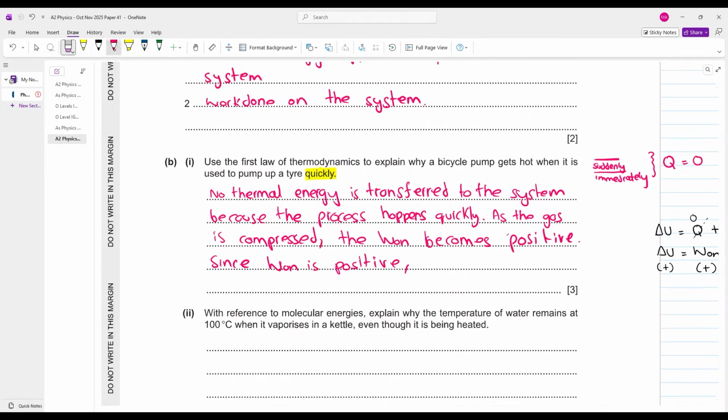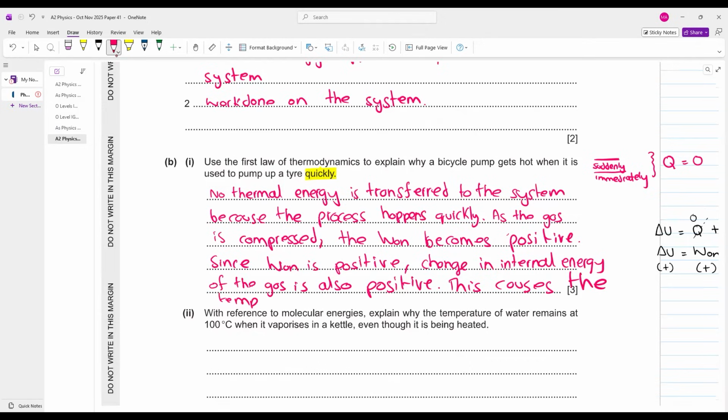I think students get confused on minor things, so let me write the complete thing. This causes the temperature to increase. Simple. Let's further move ahead.